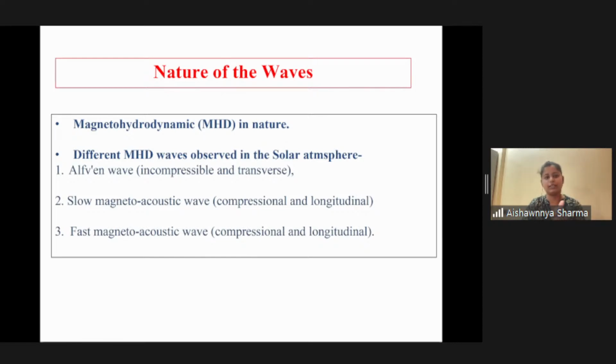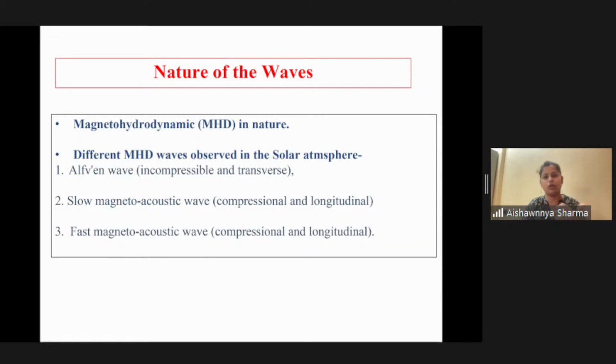I have only considered slow magnetoacoustic waves. And slow magnetoacoustic waves are compressional. As I have said, compressional means they show variation in intensity, means there is compression and rarefaction, there is a change in density, or a change in intensity. That's why they are compressional, and their nature is longitudinal.